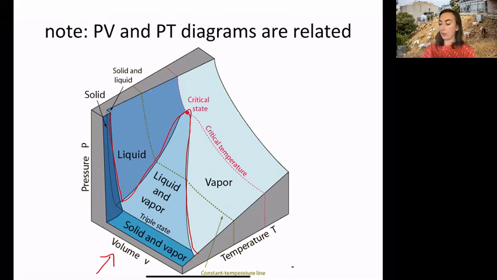When we're looking at it from the right, so we're looking at it this way, then this whole shaded region here is flat. And we see it from the side and we only see a line. And similarly, we see a line here. So we end up seeing a line that's along this region, and a line that's down here separating solid and vapor.